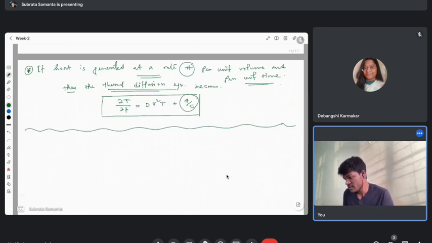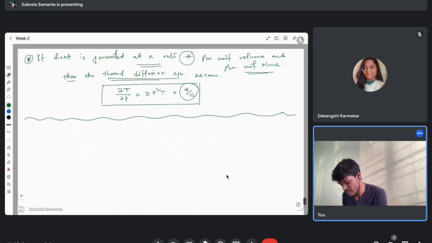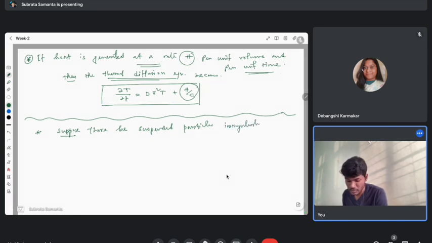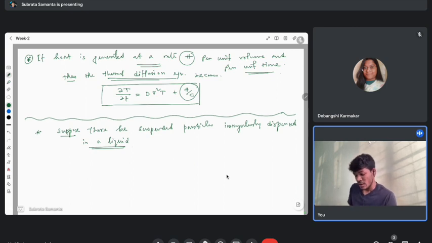Suppose there are suspended particles irregularly dispersed in a liquid.